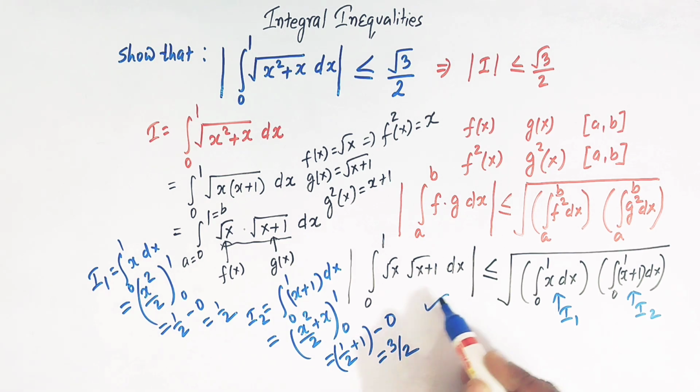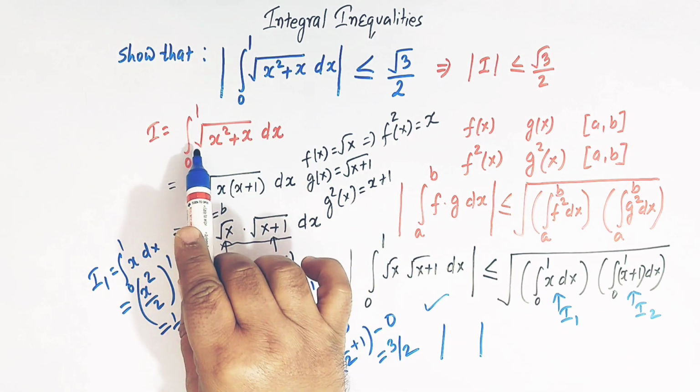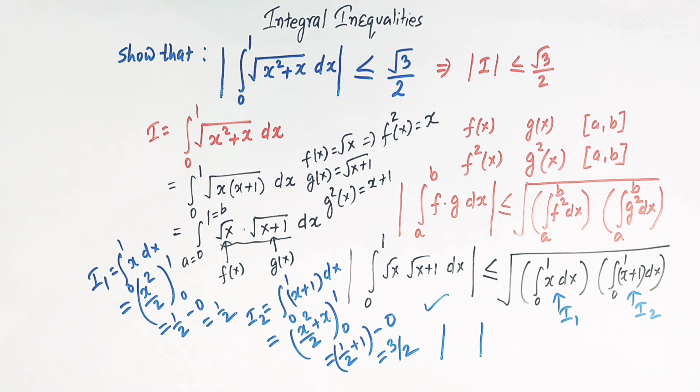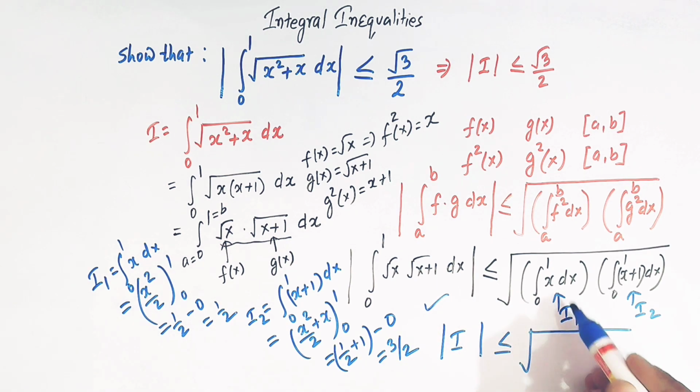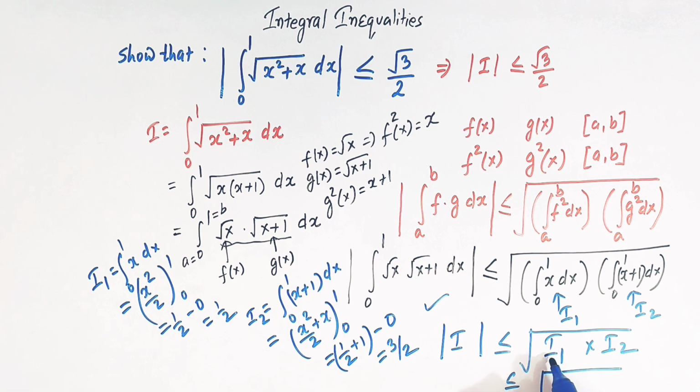So now this inequality can be rewritten as mod of this integral, and this integral is our I. So mod of I is less than or equal to square root of I1 times I2. Here I1 is half and I2 is 3 over 2.